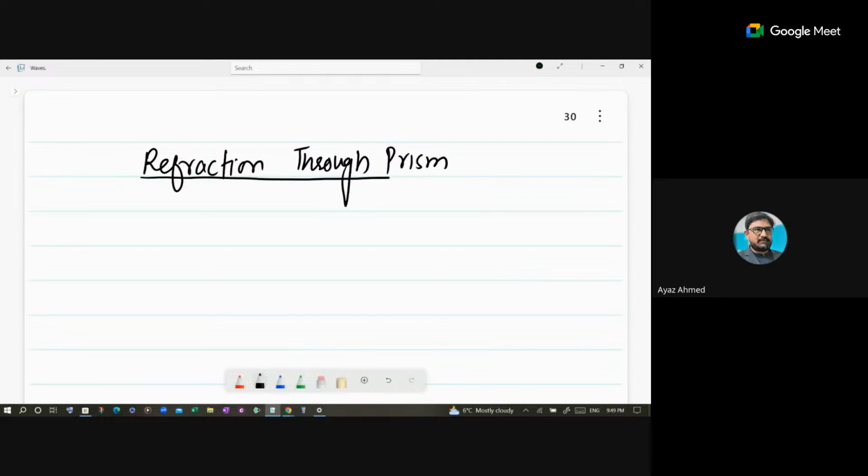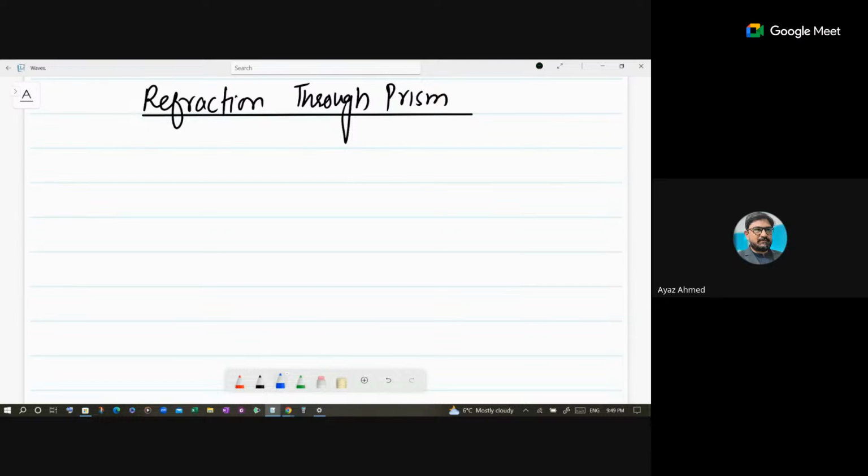Prism is a part of transparent medium which refracts the light, so we have to know what a prism is. Actually, prism is a sort of glass slab or perspex slab which has two triangular parts and three rectangular parts.